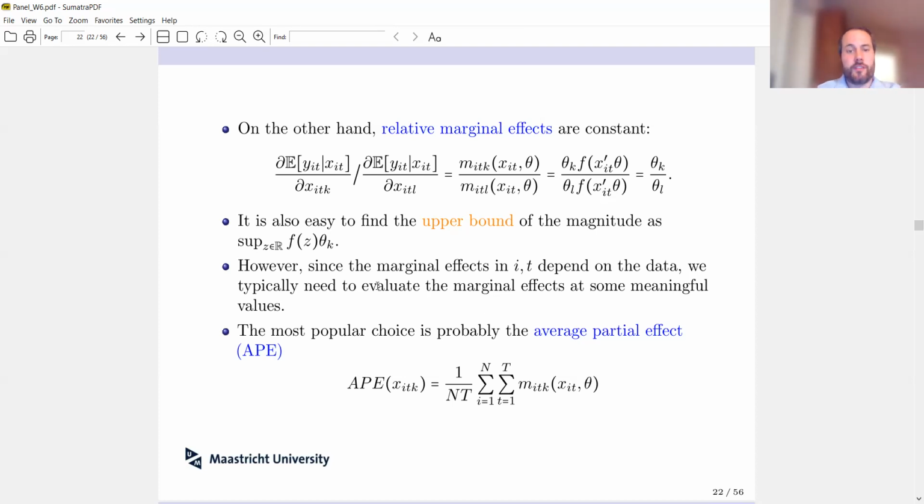So what people do is that they evaluate the marginal effects at some meaningful values, or they average out the partial effect. This is the most popular choice, the average partial effect, where you look at the partial effect of the k-th component and average that across all values that x takes in your data set. That's the APE, but it's not the only choice.